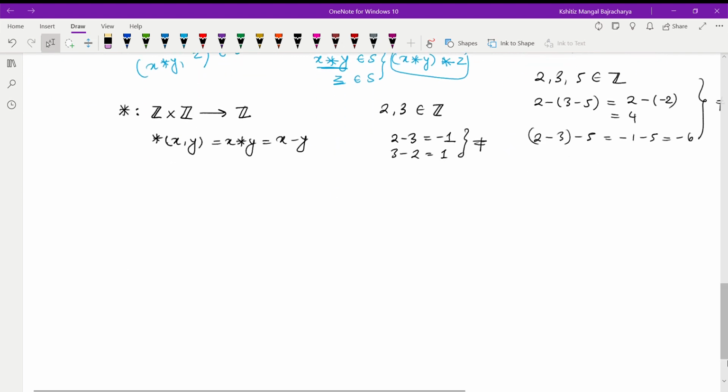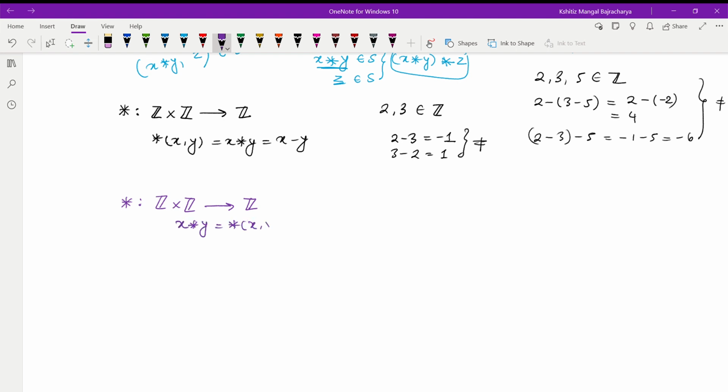Now let's take probably the first example we considered, Z cross Z to Z, x star y equals x plus y plus 1. Now this is both commutative as well as associative.